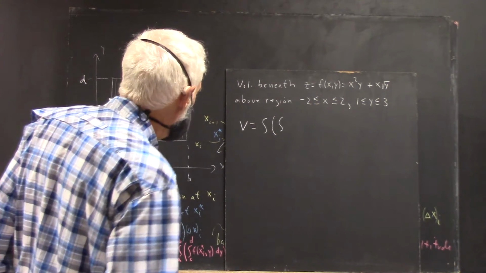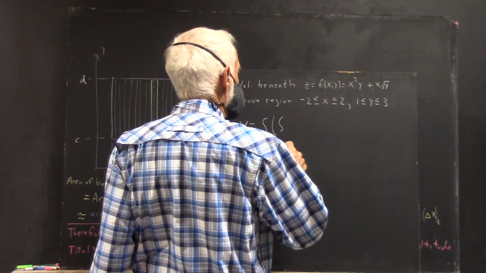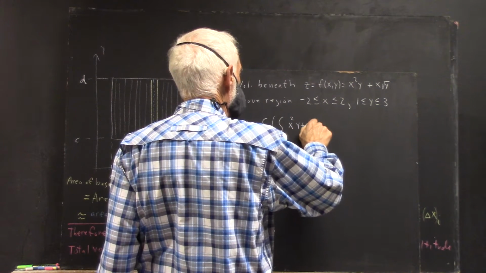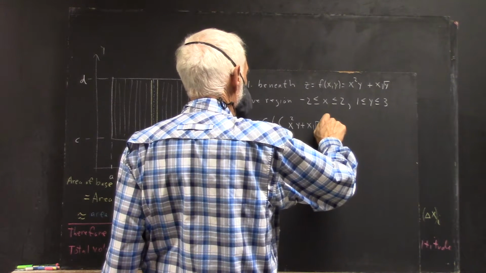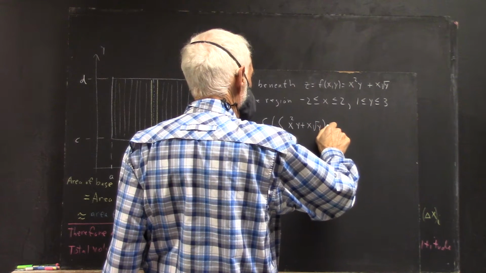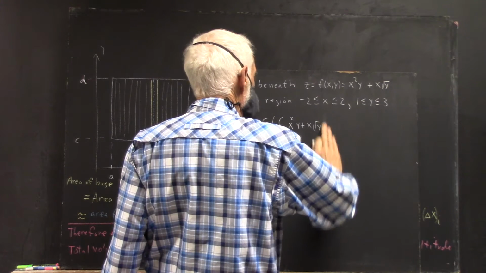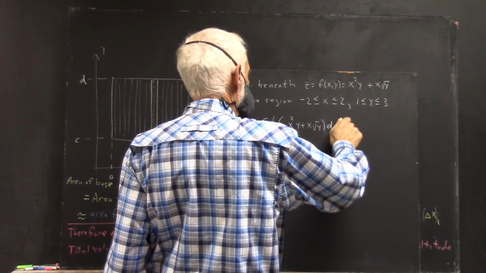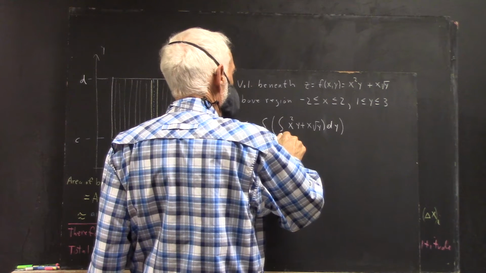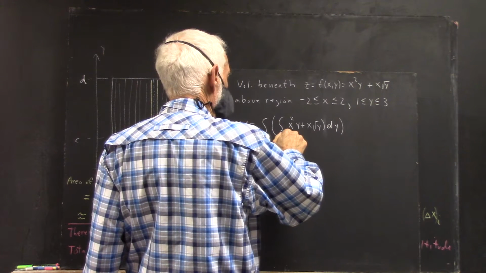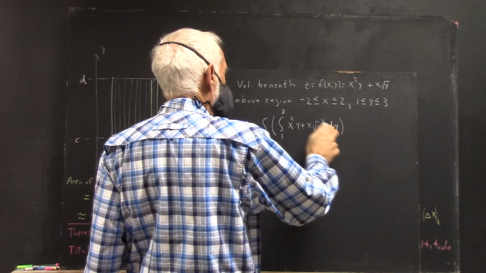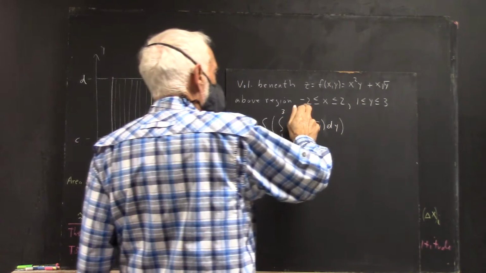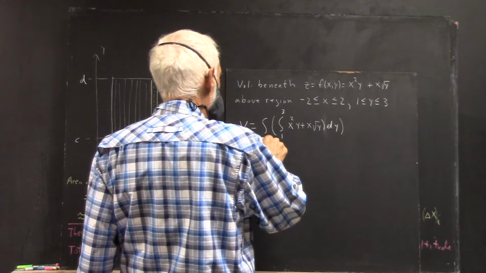It's going to turn out to be, we integrate from y equals 1 to 3, because we're integrating with respect to y. And we're integrating from x equals -2 to 2.